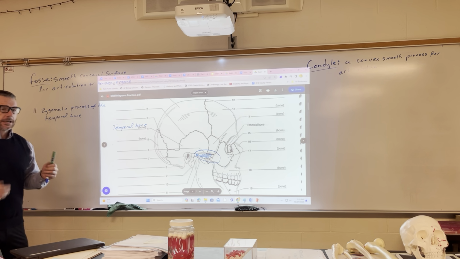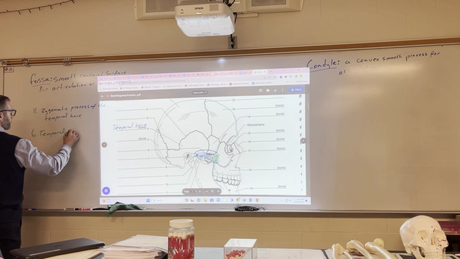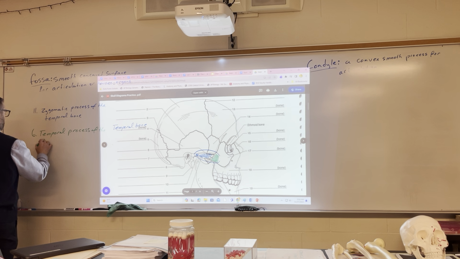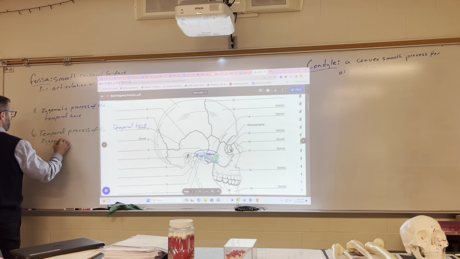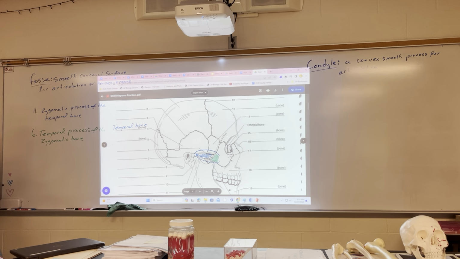So it appears that number 6 is the temporal process of the zygomatic bone. These two processes, the zygomatic process of the temporal bone articulates and connects with the temporal process of the zygomatic bone, and together they form the zygomatic arch on the side of the skull.